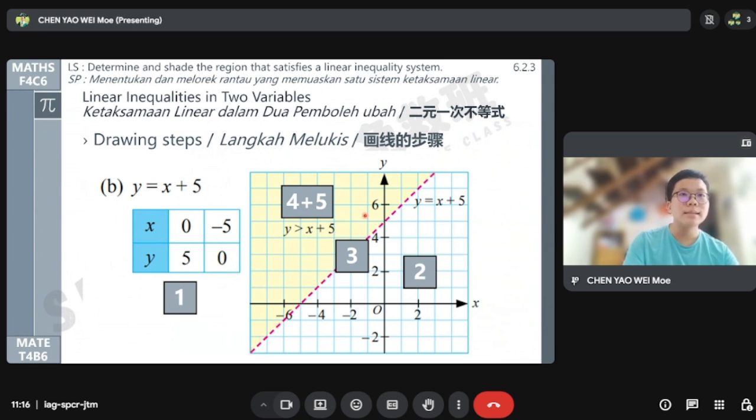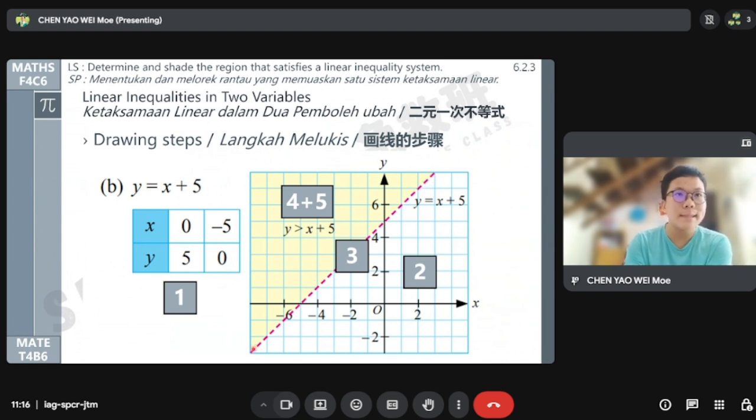Because this inequality sign tells us the value does not touch this straight line, but it can exceed, because larger means it can exceed the value from here to here, but it cannot touch the line, so we must put the dash line.